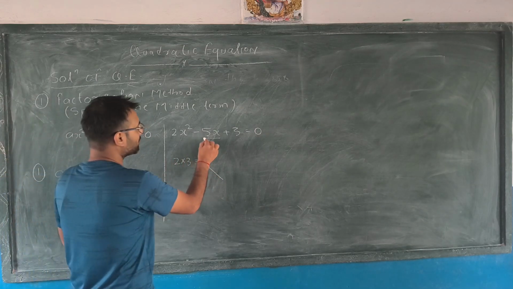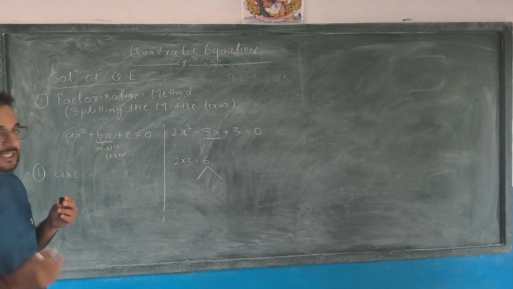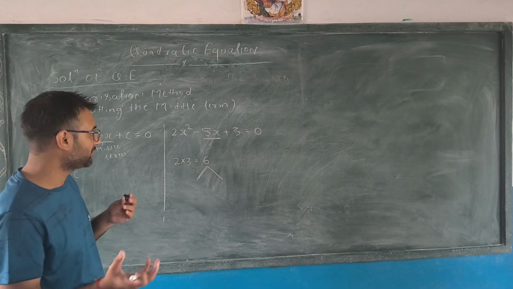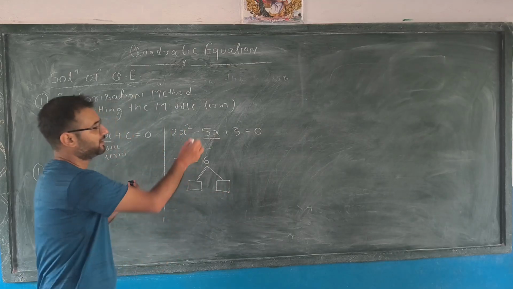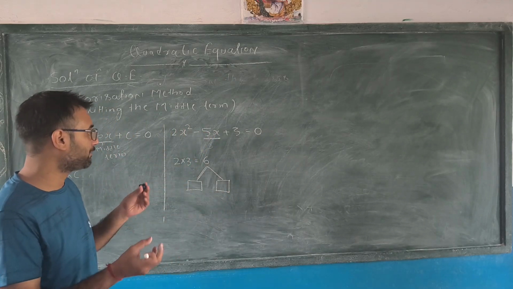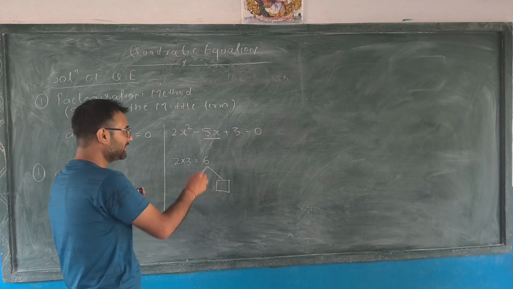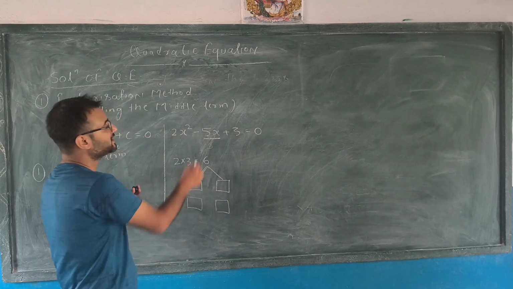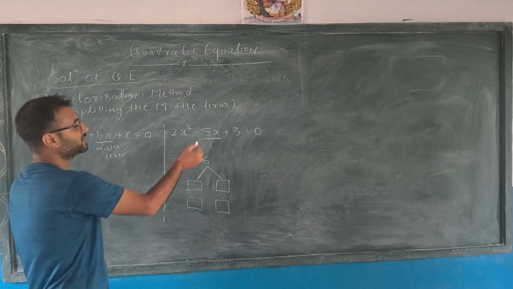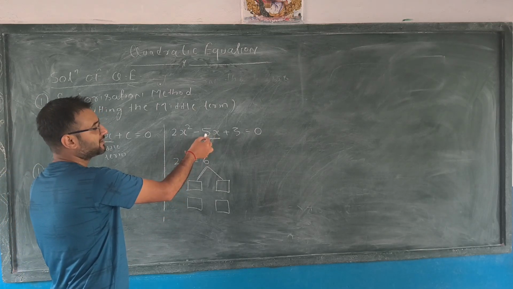Now we split the middle term in such a way that the product of the two numbers is 6 and the sum of the same two numbers is minus 5, because the coefficient of x is minus 5.